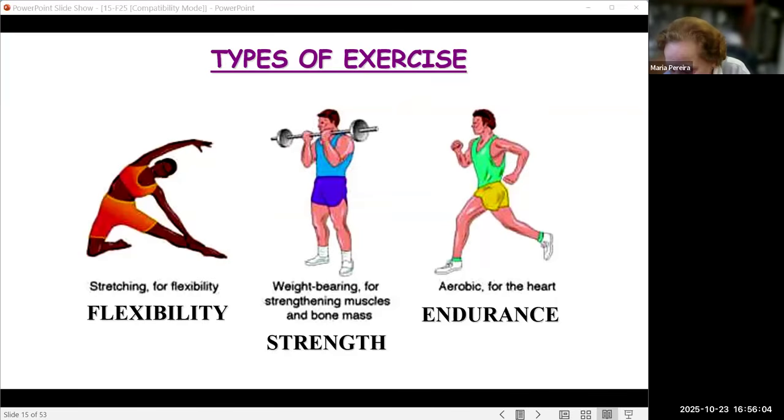Okay, wouldn't it need isotonic contractions because the movement for weight-bearing training involves multiple repeats? Okay, so what we are doing here, this is when the weight is stationary, okay?